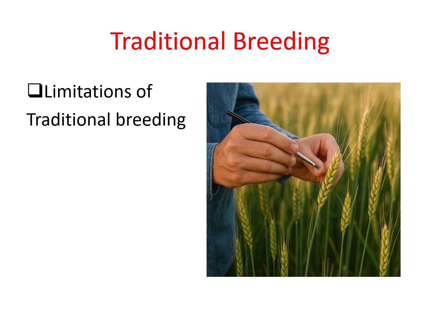Traditional breeding, while effective in developing improved crop varieties, has several limitations. It is often time-consuming and labor-intensive, requiring multiple generations to stabilize desired traits. The process relies heavily on visible traits, phenotypes, which can be influenced by environmental conditions, making selection less precise.